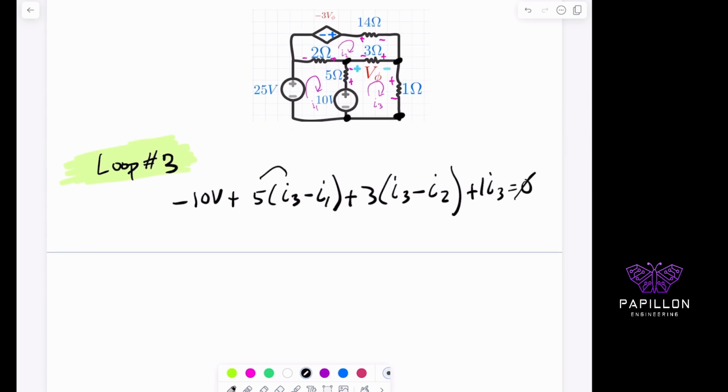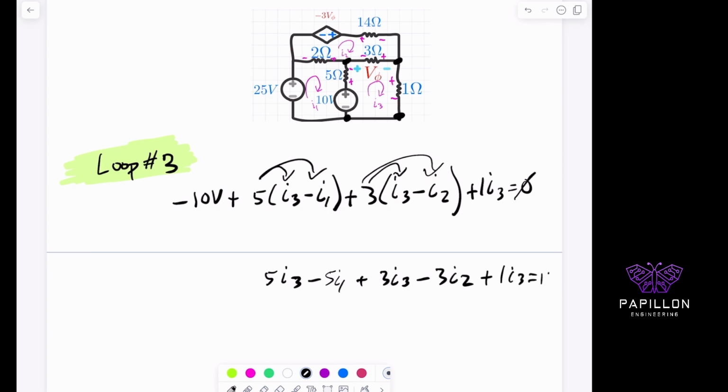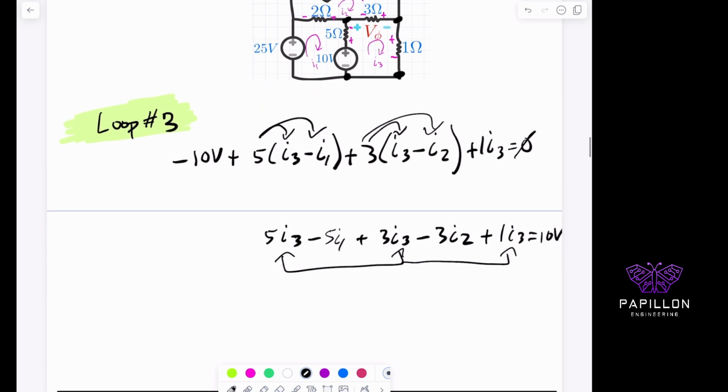So if I, of course, simplify this, we're left with 5I3 minus 5I1 plus 3I3 minus 3I2 plus 1I3 equals 10 volts. Okay, so now that I've done that, let's make sure we don't make any algebra mistakes. So here are all of our I3 terms, one I1 term, one I2 term.